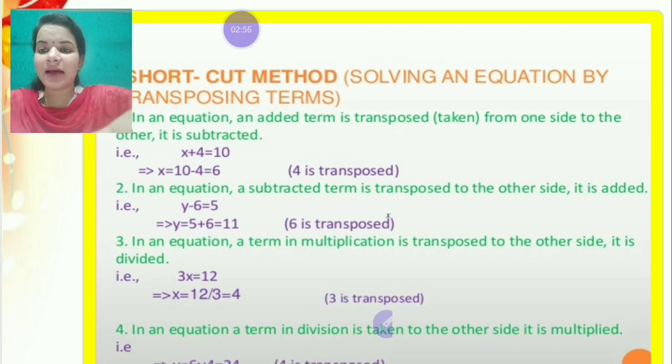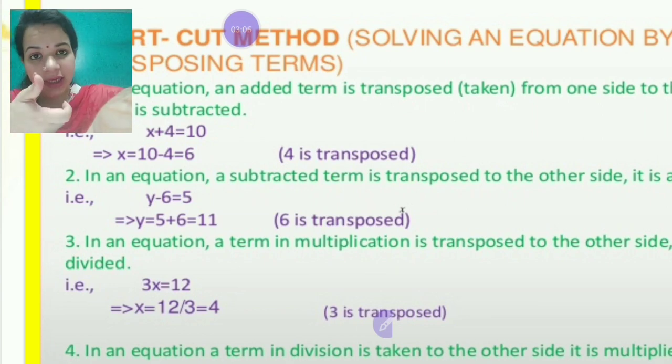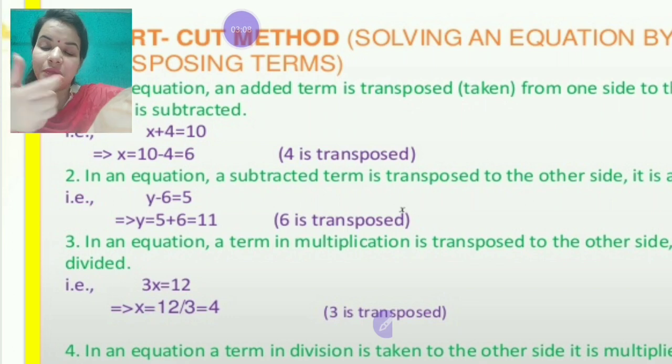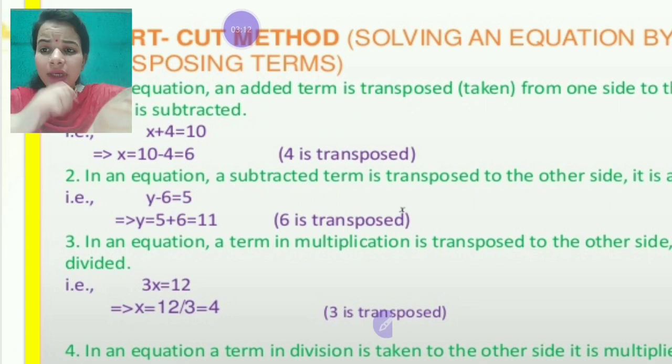As in this example, you can see in the first one, it is x plus 4 equals 10. So you have to keep this x on one side and all the other terms will go on the other side. So what is present there with x? Plus 4.